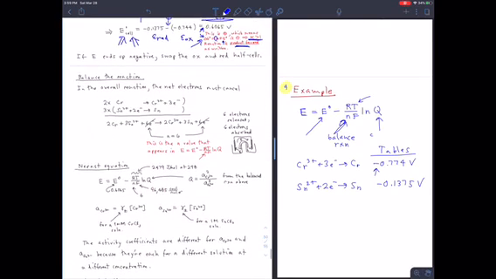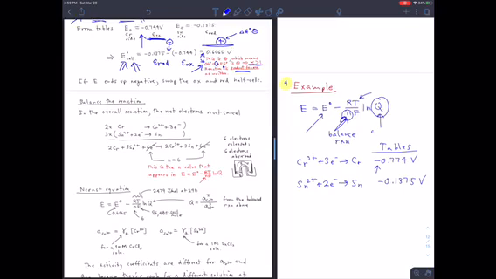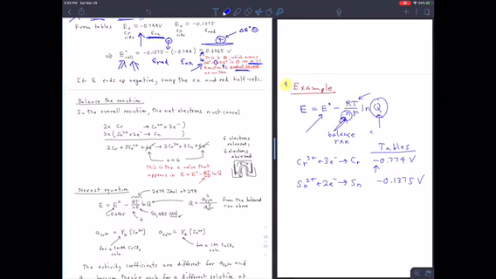The next thing we have to do in order to get our N value over here, and in order to get Q, is we've got to balance the reaction. In order to balance the reaction, the number of electrons produced by the oxidation side and the number of electrons consumed on the reduction side have to cancel. You've got to produce exactly as many electrons as you consume.